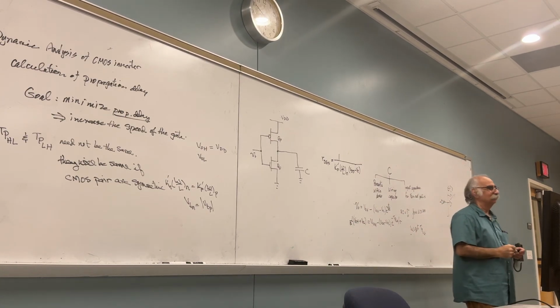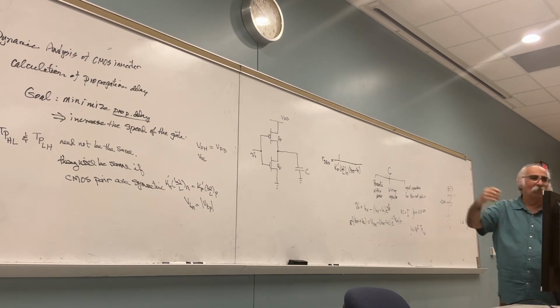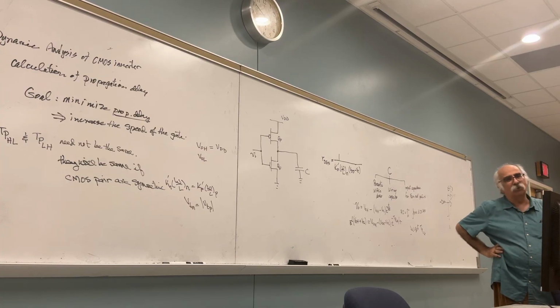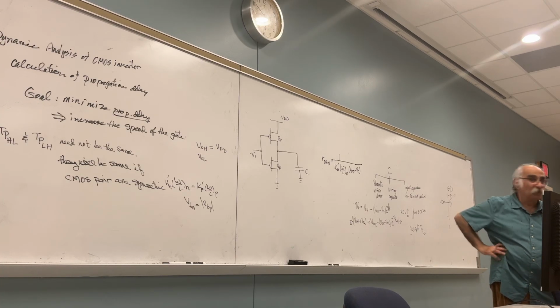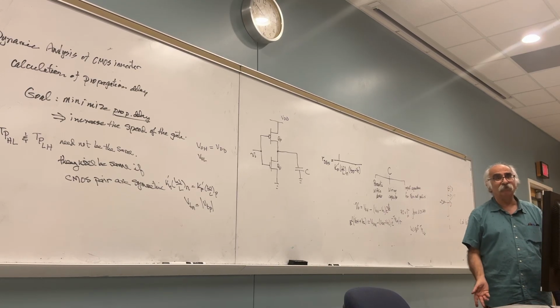That's a resistor. Yes or no? Okay, what do I want to make the resistor, high or low? Low. Why? Because I want the discharging to be very quickly. Do you follow me or not?